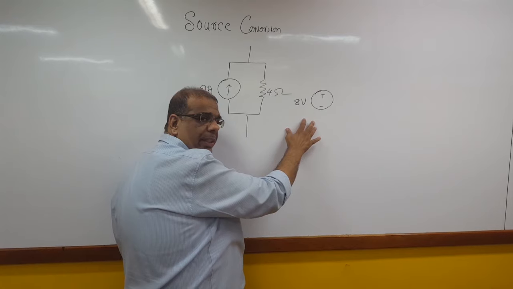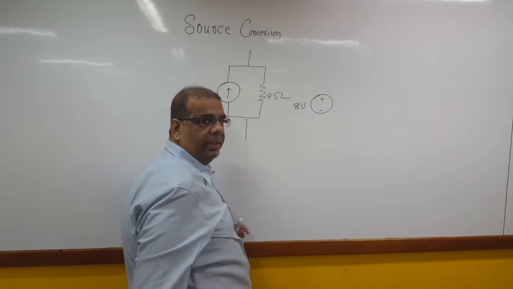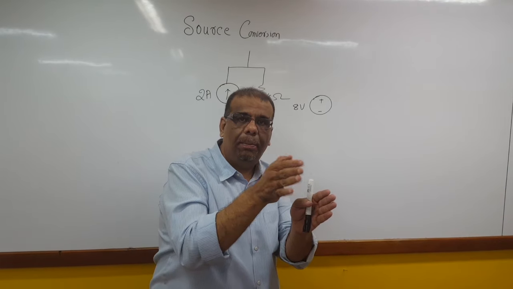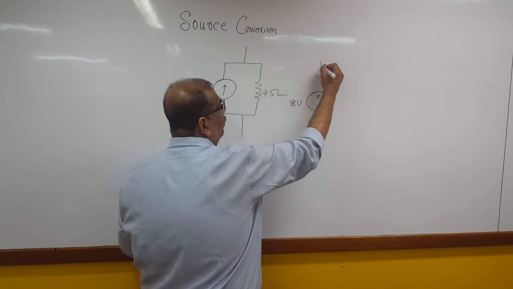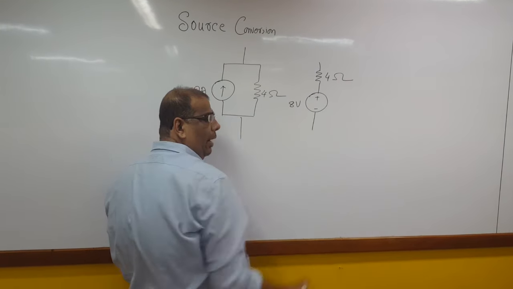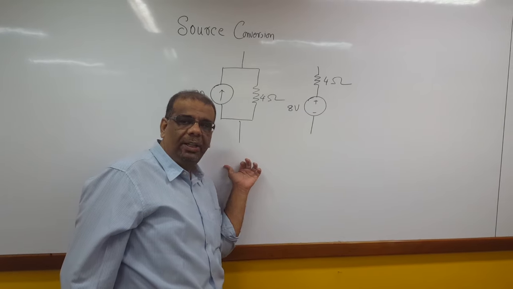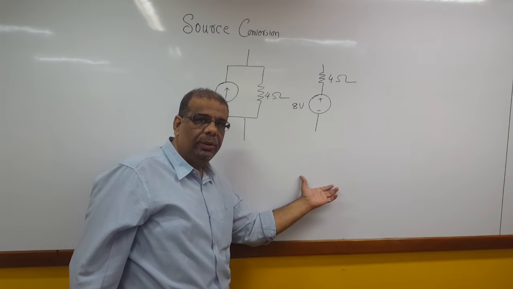In series with this 8 volts battery, I will re-put this 4 ohm resistance which was earlier connected in parallel. I will put this 4 ohm resistance in series with the 8 volts. This is how I actually convert my current source to voltage source.